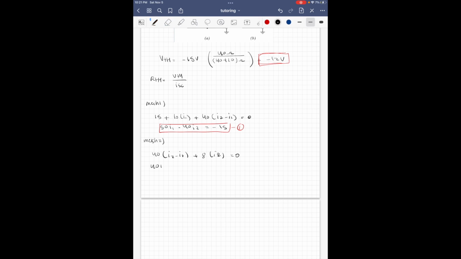So we will have negative 40I1 plus 40I2 plus 8I2 equals 0, and this can be further simplified to negative 40I1 plus 48I2 equals 0. That's my second equation.